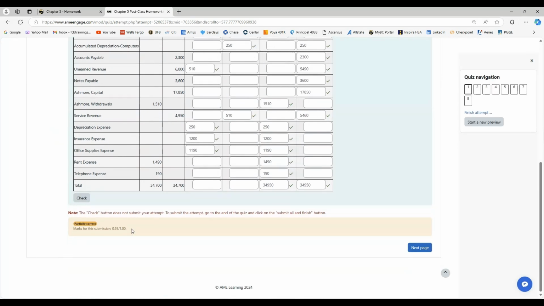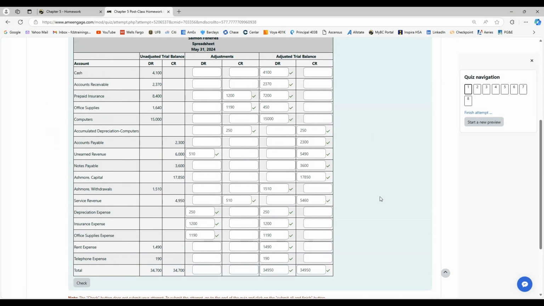Sweet. We're missing something. What are we missing? 93 out of 100. Computers. Earned revenue? No. It's payable, capital.